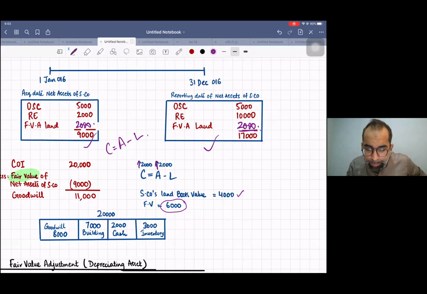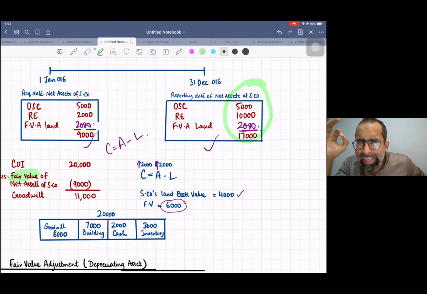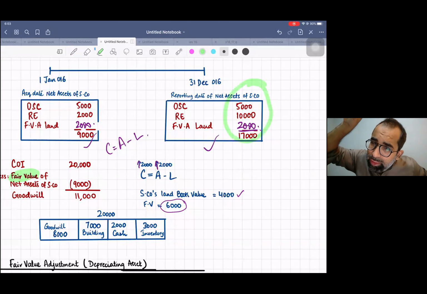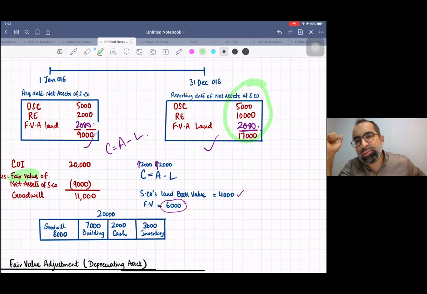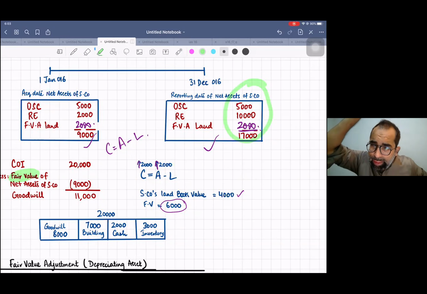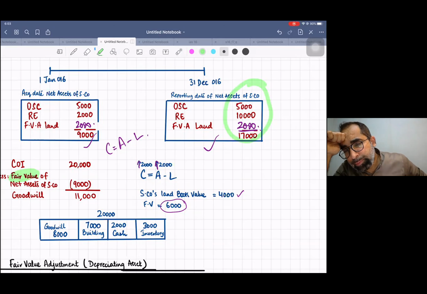Yes, obviously. Whatever is adjusted in the reporting date net assets packet is also adjusted in the closing SOFP of S company.